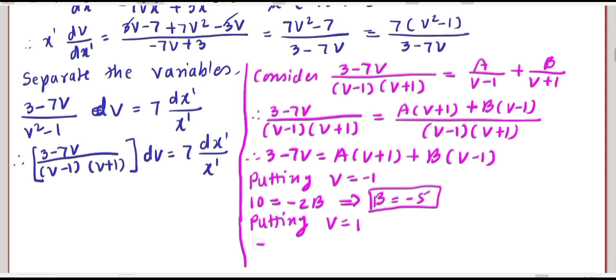So we get -4 is equal to 2a, from that the value of a is equal to -2.